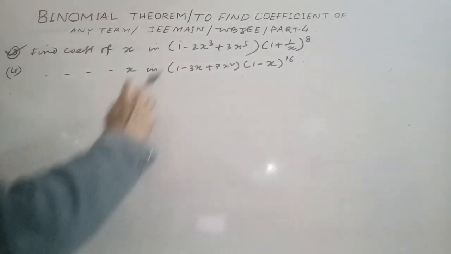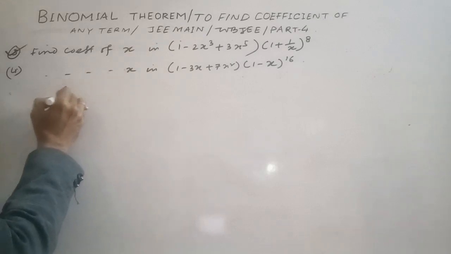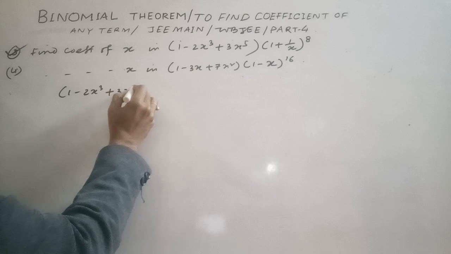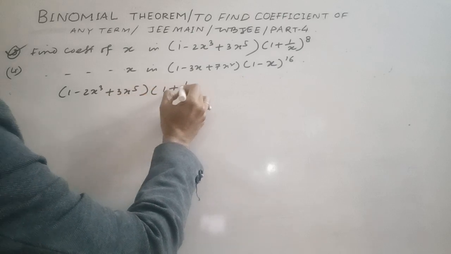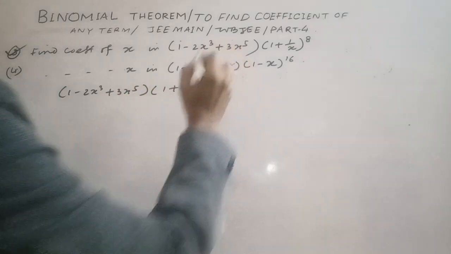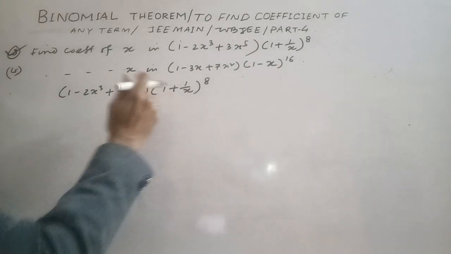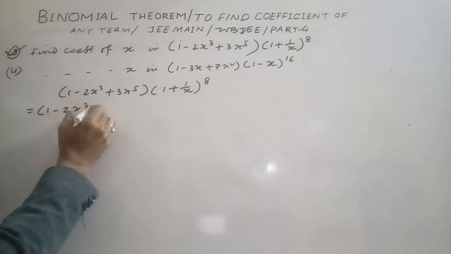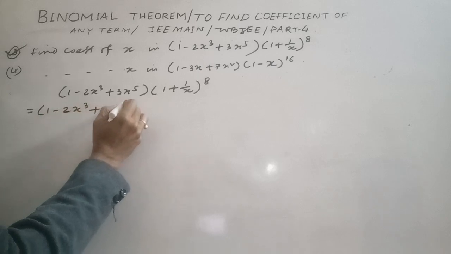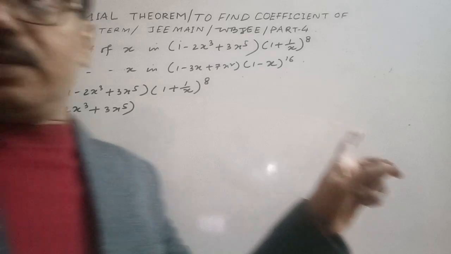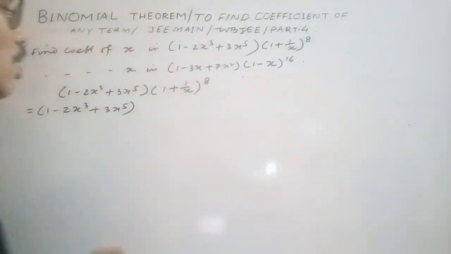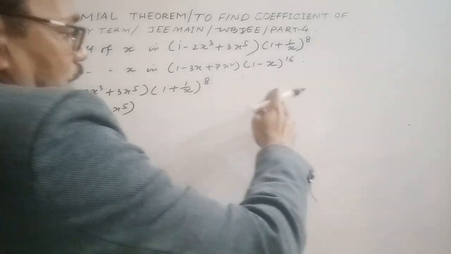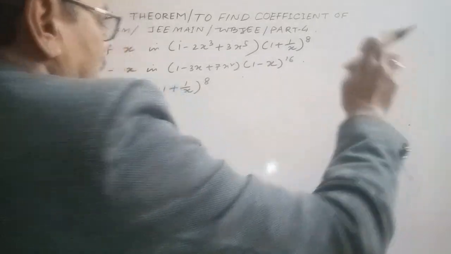So, find coefficient of x in 1 minus 2x cube plus 3x to the power 5, 1 plus 1 by x whole to the power 8. So, here also first term is 1. So, look, if we expand this term, we get terms 1, 1 by x, 1 by x square, 1 by x cube in this way.